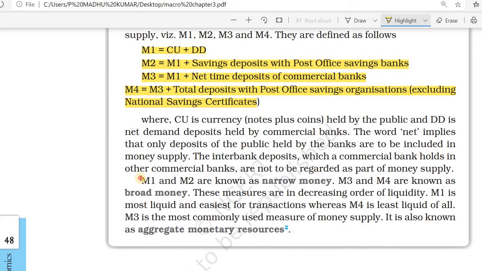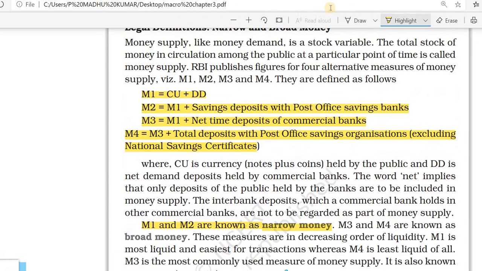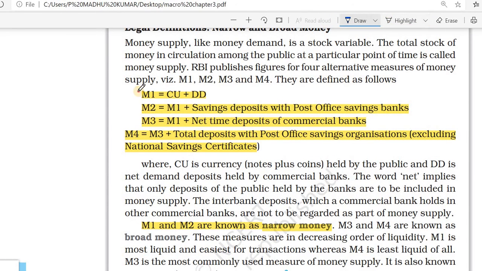Then M1 and M2 are known as narrow money. Questions will come: what is narrow money? M1 and M2 mean currency with the public, demand deposit, plus savings deposit with post office savings bank. This is narrow money, and M3 and M4 are known as broad money.